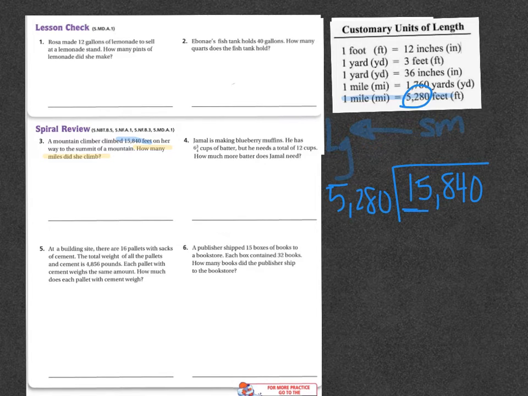It can't go into 15. It can't go into 158. It can't even go into 1,584. So you do need to divide it into 15,840. And that number is anywhere between 1 and 5. Okay, trial and error. Try that out, and then that'll tell you how many miles.